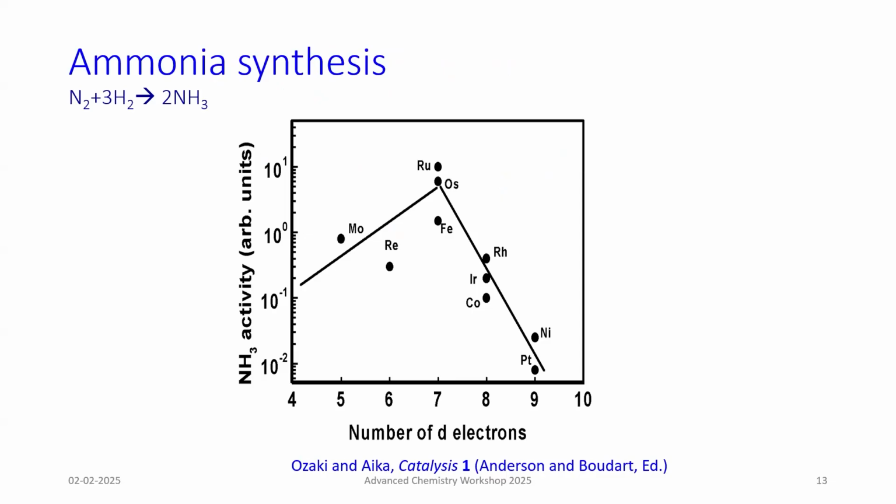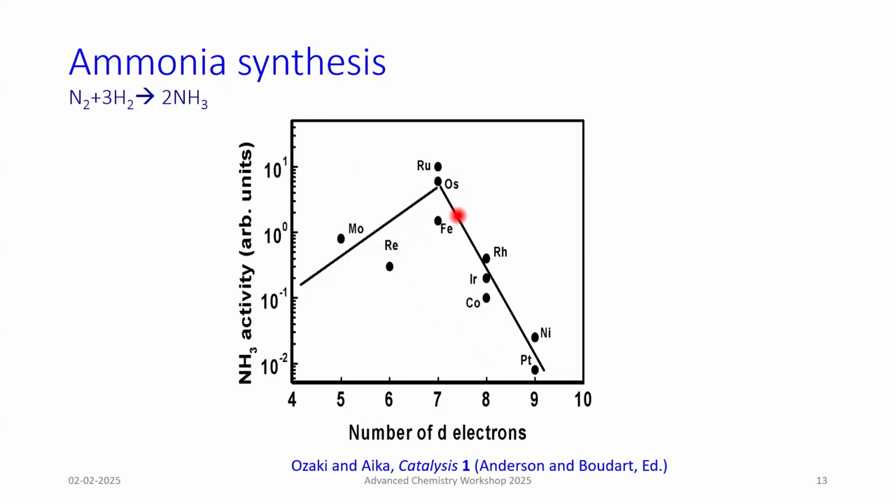So if you see here, let us take an example of ammonia synthesis and see what it is. Time is there, no? Oh, I have to stop, huh? Okay, so quickly, ammonia synthesis has been tested in all these materials.